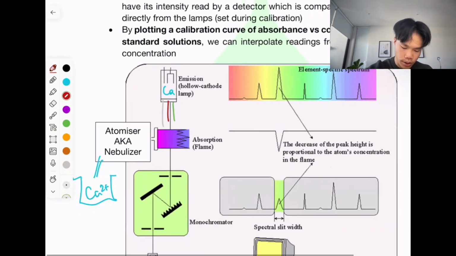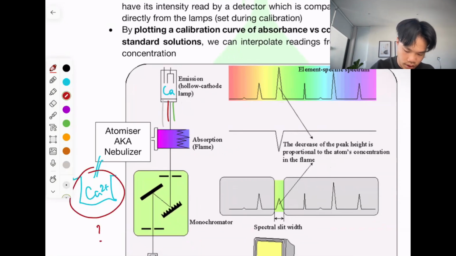So then what you would do with calcium in solution, because you're trying to analyze what's the concentration in here, you would take up the solution of the calcium and put it through an atomizer, and it turns it into atomized calcium within the flame. Which of those 3 wavelengths of light will this calcium in the flame absorb? Which of those 3?